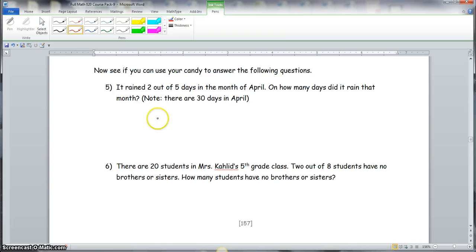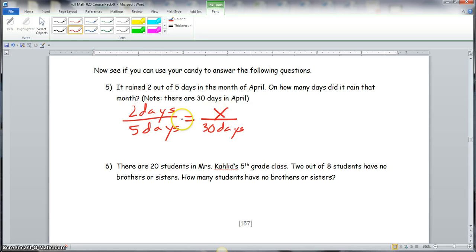First of all, 2 out of 5 days means basically 2 days divided by 5 days. Now we know that's a ratio. Now we want to set this equal to something. There are 30 days in April, so this is the total amount. 30 days goes in your denominator. And we don't know how many days it actually rained.